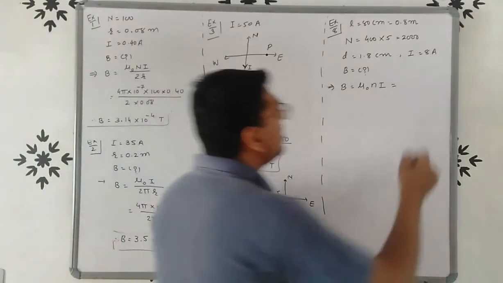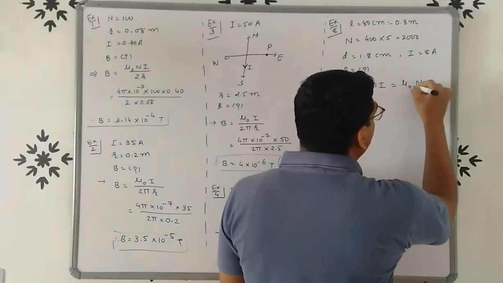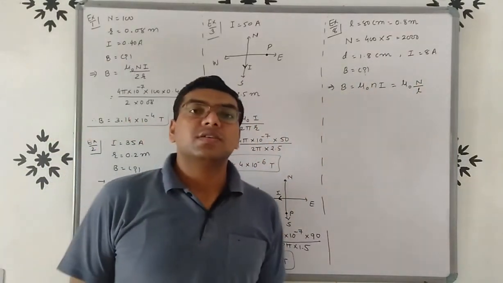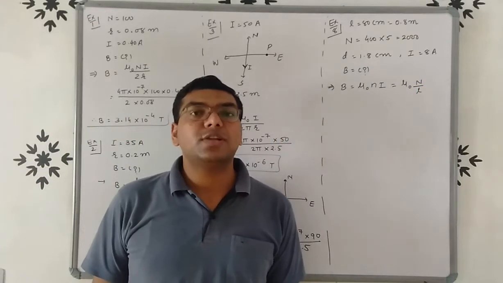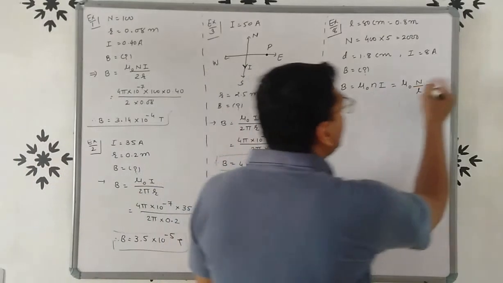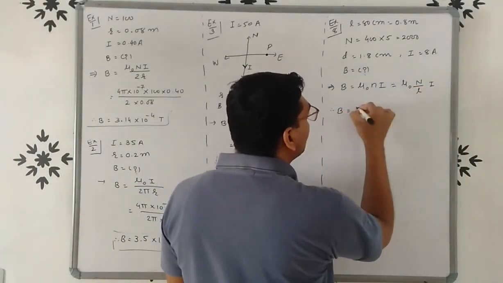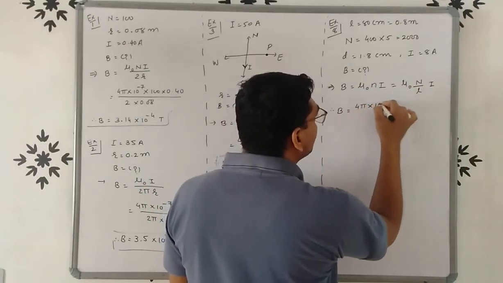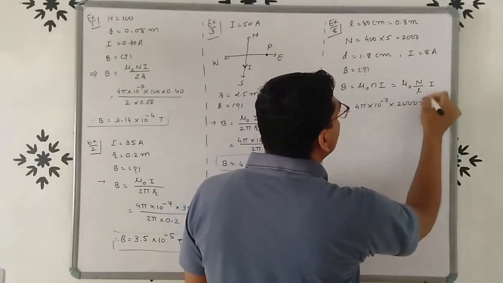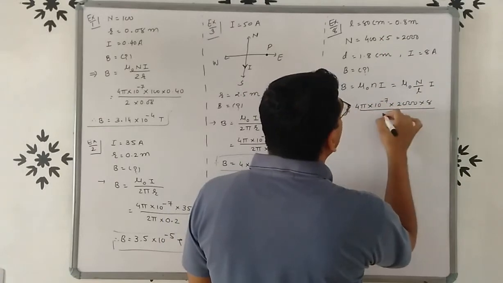So simply we use the formula mu 0 instead of small n, capital N upon L, because we already know that small n is the number of turns per unit length. So small n is equal to capital N upon L, into I. So B is equal to the value of mu 0, that is 4 pi into 10 raised to minus 7, number of turns 2000, into value of current 8, upon length 0.8.